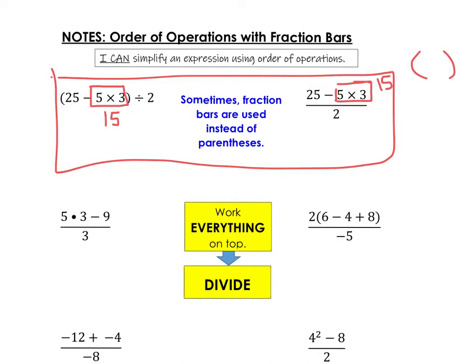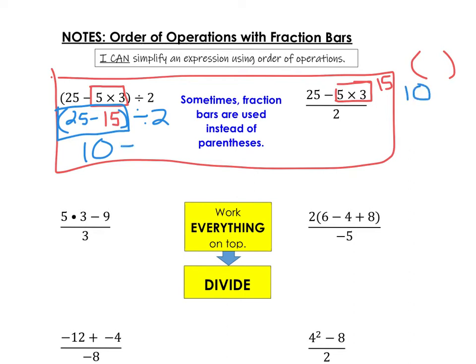Then, because we're still inside the parentheses, we're going to do 25 minus 15. Here we're still going to do 25 minus 15 because that is what's on top, right? So here we know we still have to work out parentheses, and 25 minus 15 is 10. Same thing here, 25 minus 15 is 10.